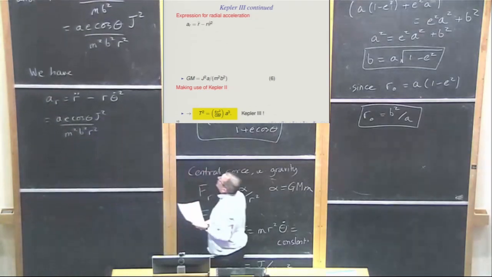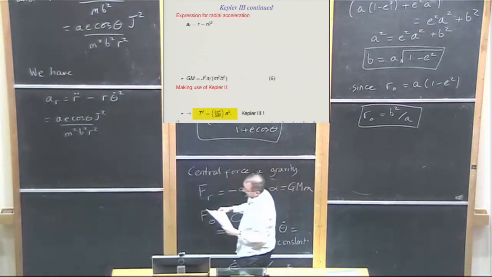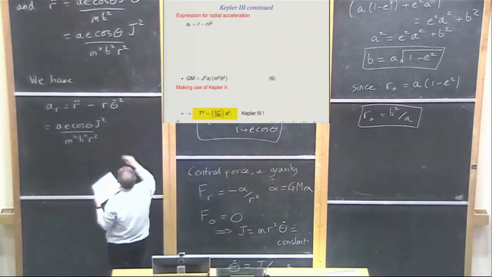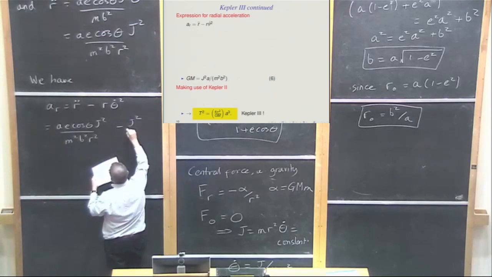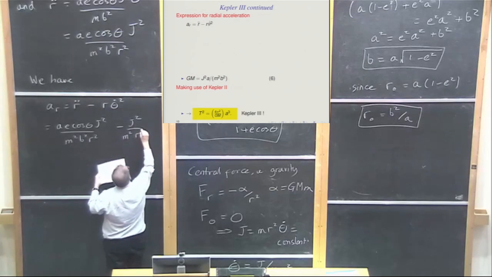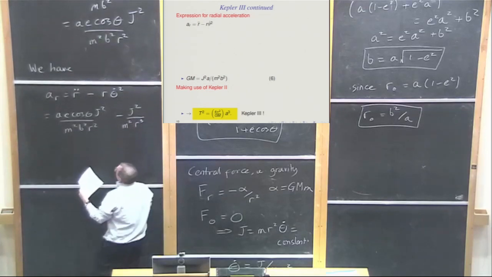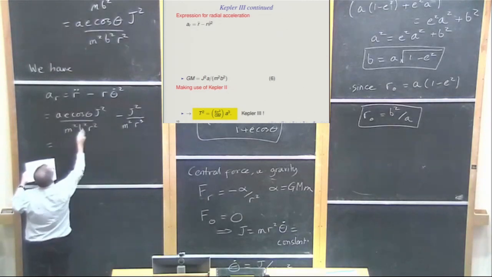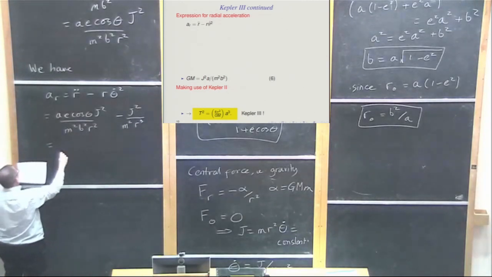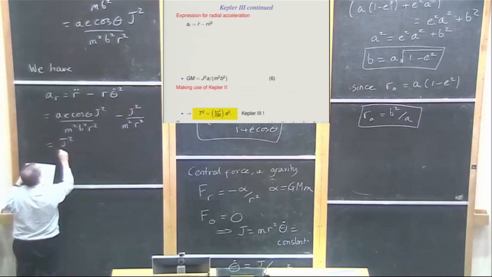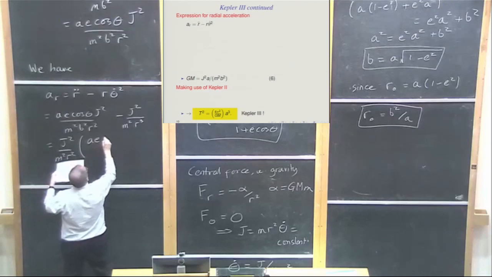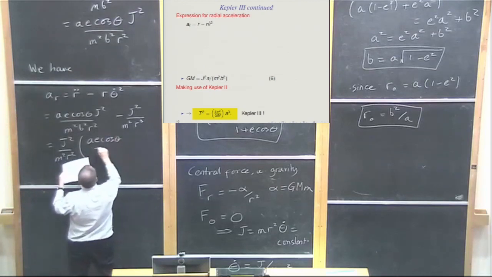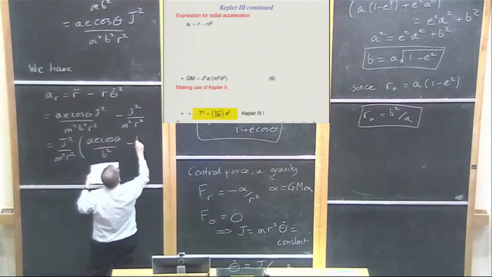And the second term involving theta dot, well, of course, we write it in terms of j squared. So that is minus j squared over m squared r cubed, I think you'll agree, which is, taking the j squared over m squared r squared out, a e cosine theta over b squared minus 1 over r.